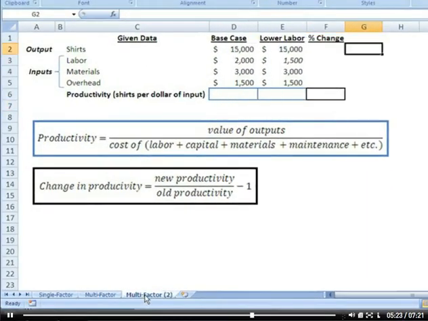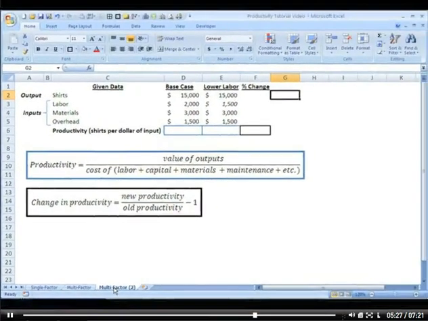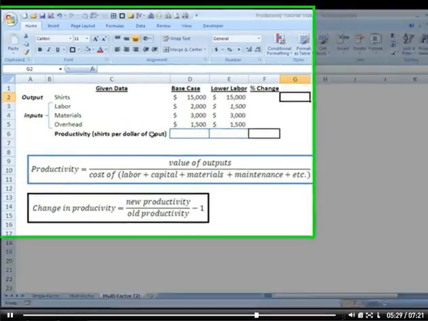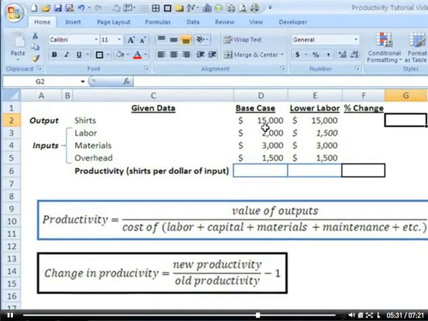Now we're going to move on to another example for multi-factor productivity. Same numbers, except this time we are assuming that our shirts sell for $15 each, and we had 1,000 shirts before, and so now we're going to measure the output in terms of the revenue, the value of the shirts or the outputs in terms of revenue.